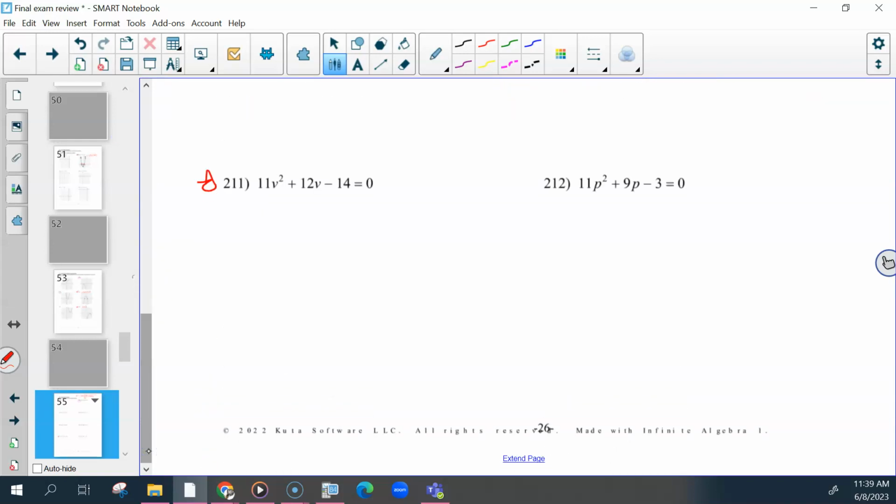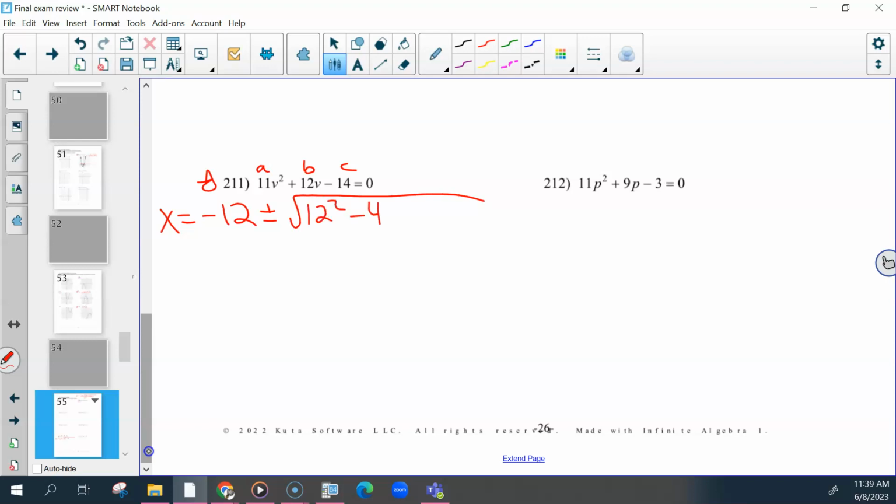We have to label our A, B, and C values. And then we're going to put everything into the format. We'll start off: x equals negative b, which is 12, plus or minus the square root of b squared. You can put 12 squared or you can put 144, either way doesn't matter.